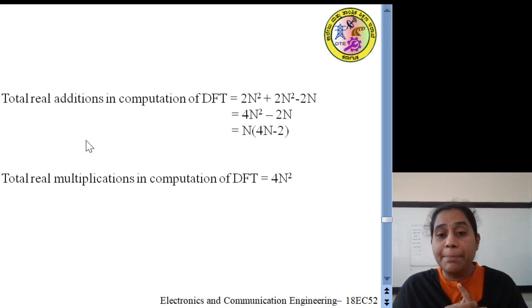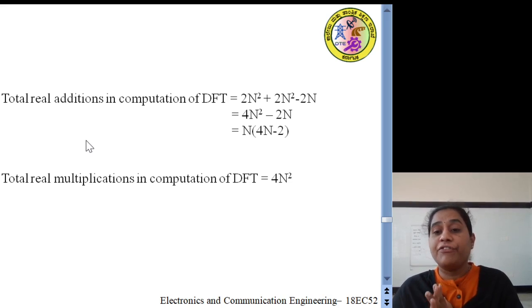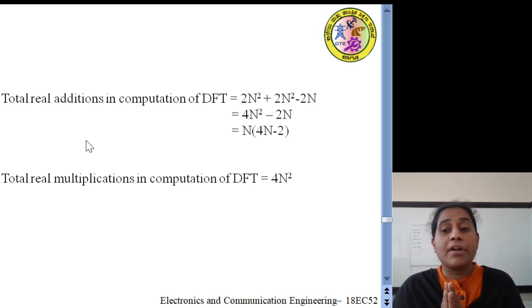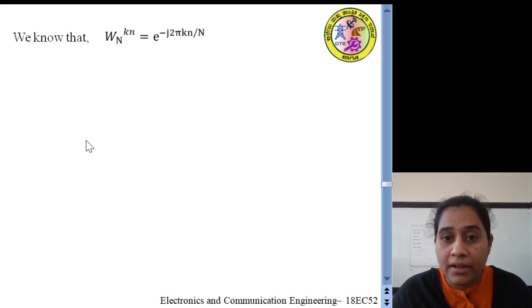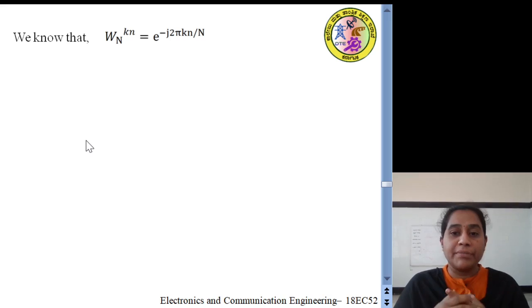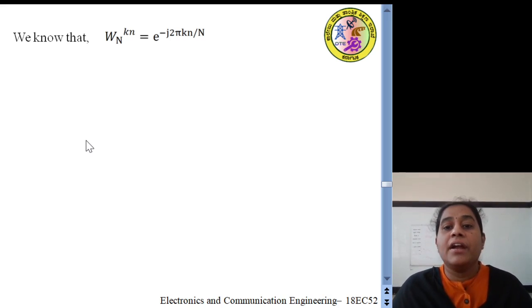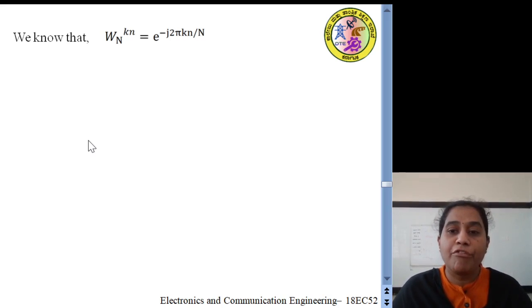Total real multiplications in computation of DFT is 4 into n square. As we know from the definition of DFT, the twiddle factor W n raised to the power of kn is equal to e raised to the power of minus j 2 pi kn by n.